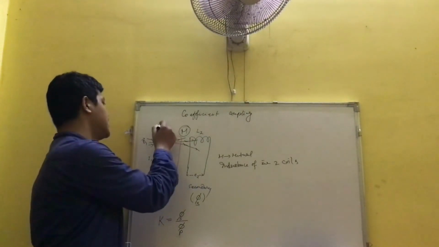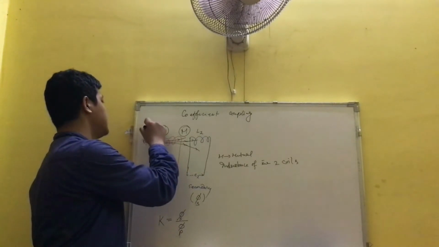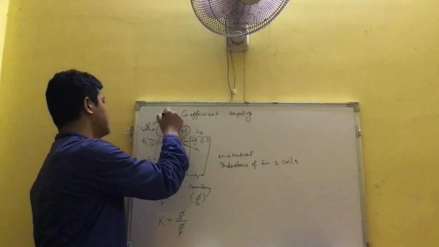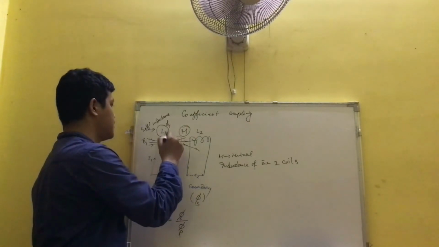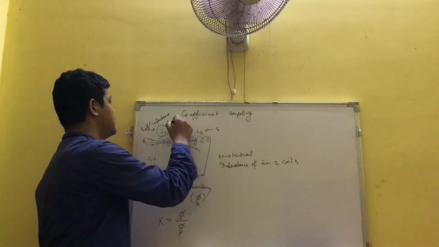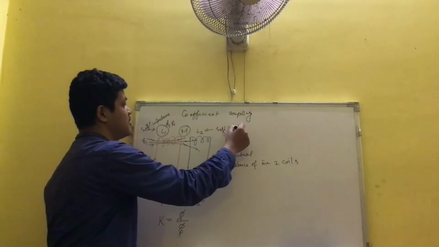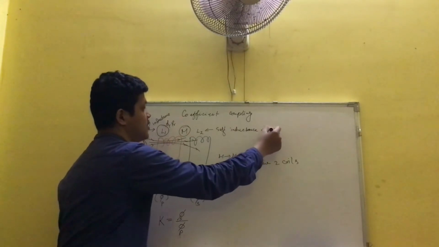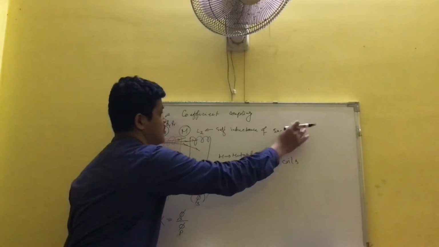L1 is the self-inductance of the primary coil, and L2 is the self-inductance of the secondary coil.